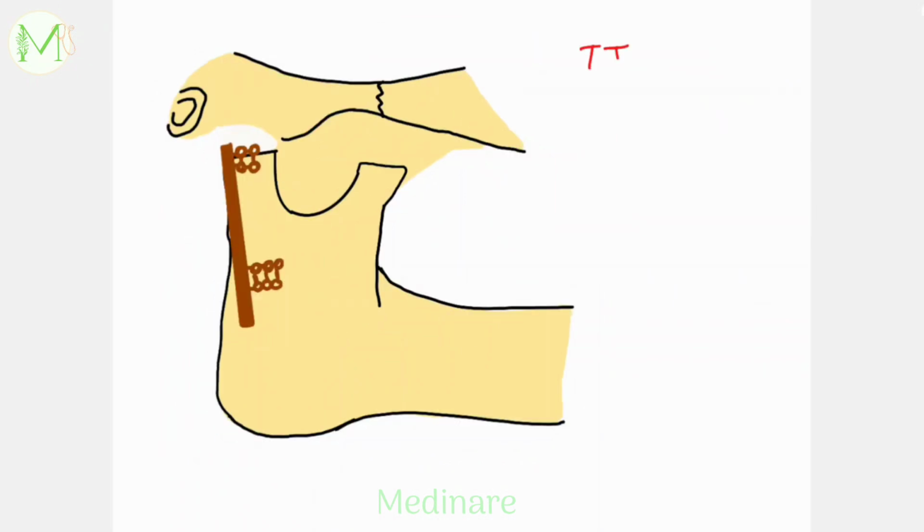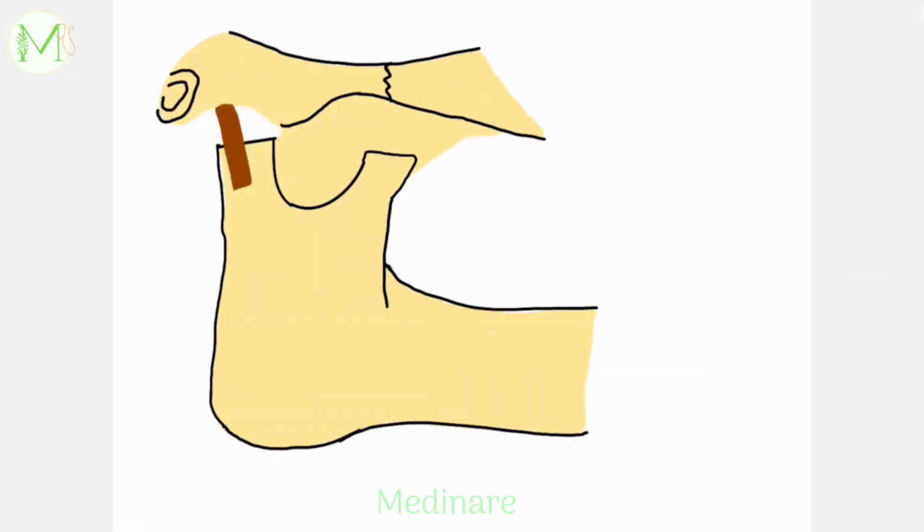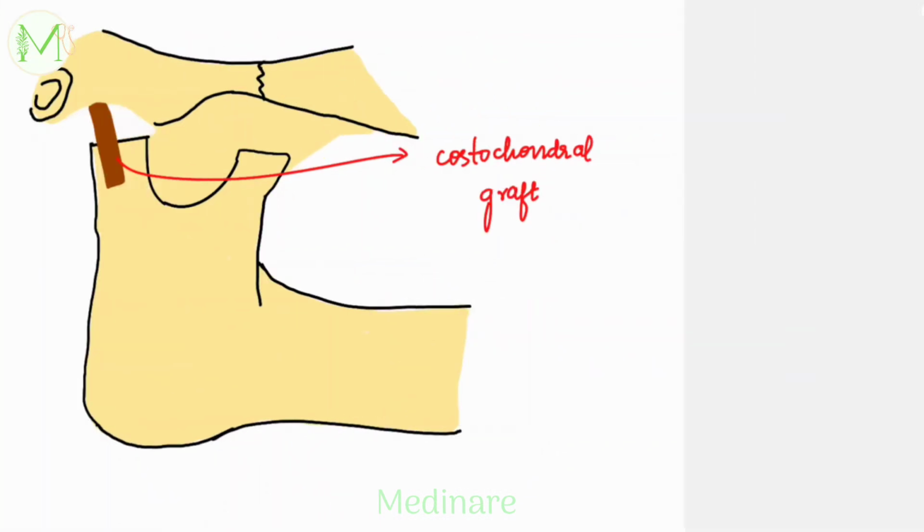After that, the total joint reconstruction of the ramus condyle unit can be done with the help of distraction osteogenesis or with the help of costochondral graft. After which we need to proceed with early mobilization and aggressive physiotherapy.